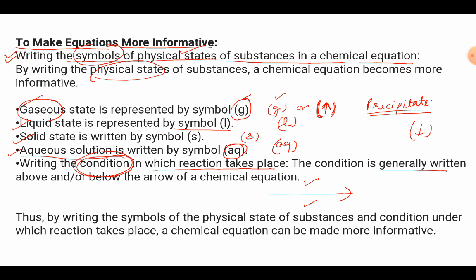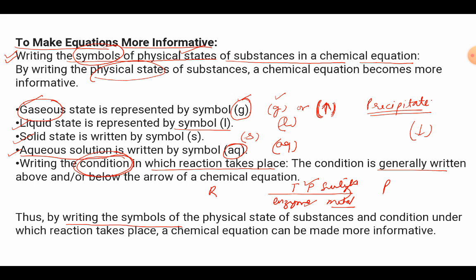We all know on the left hand side of the arrow we write the reactant, and on the right hand side we write the product. So these conditions of temperature, pressure, or sunlight, or any other condition needed for that reaction to take place, maybe any type of enzyme or any special metal, can be written either above or below the arrow.